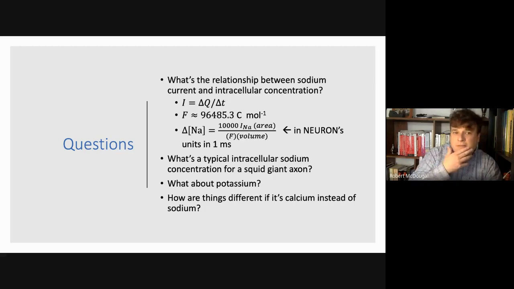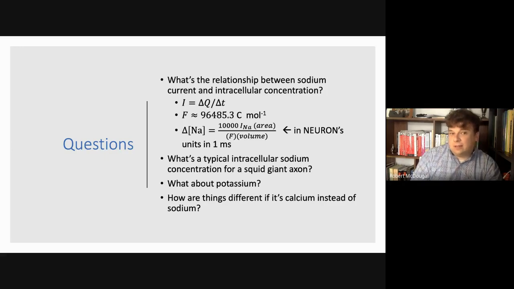Anybody know if I have a mammalian CA1 pyramidal cell or something? What about calcium? We got 10 millimolar for sodium, 54 millimolar for potassium. Anybody know about calcium? It's got twice the charge. Well, yeah, but what's the concentration?